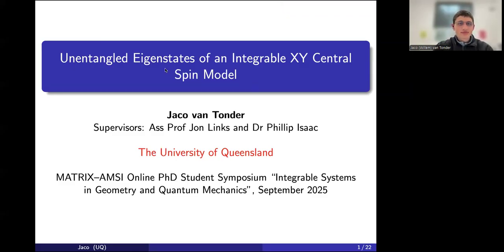We'll be talking about these unentangled eigenstates in a central spin model, or as we'll call them, dark states.